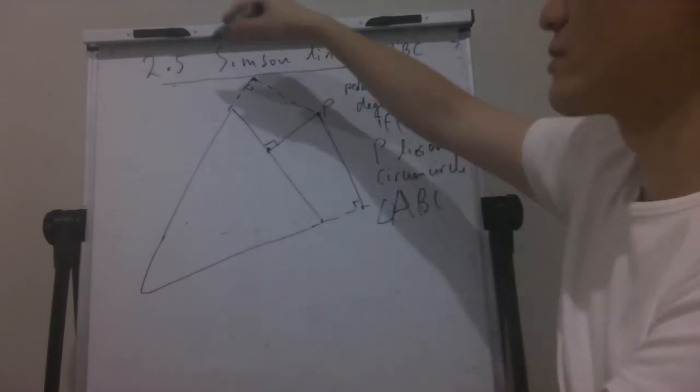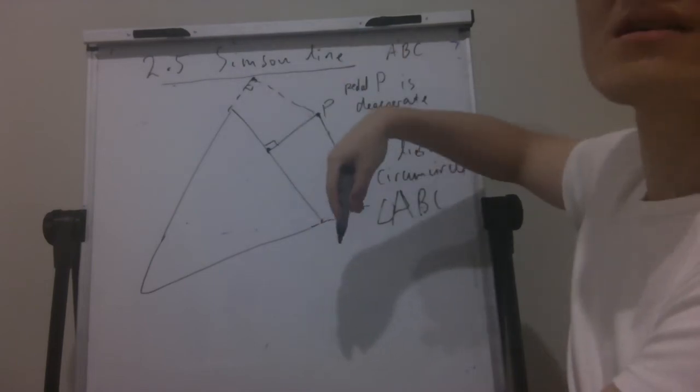And when it's degenerate, it's on a straight line. That line's called the Simson line.